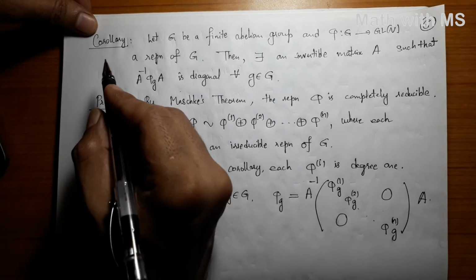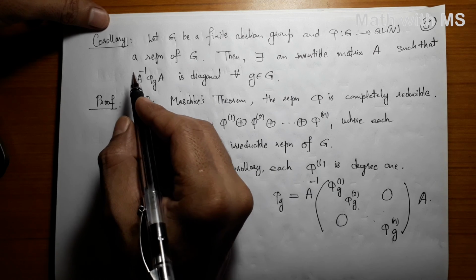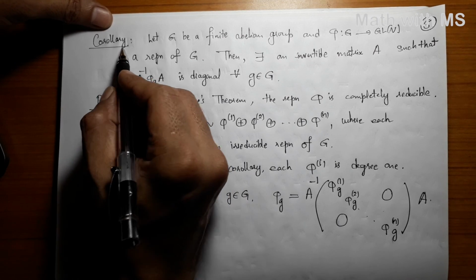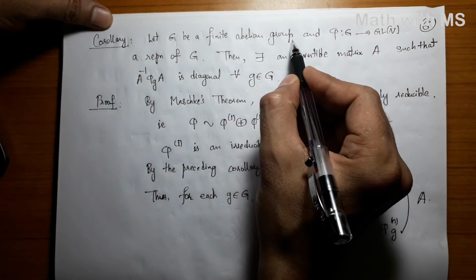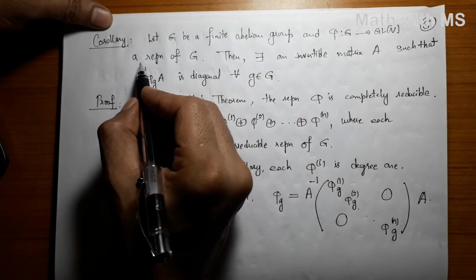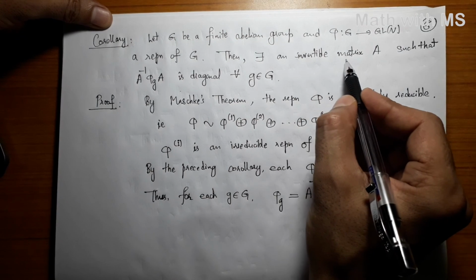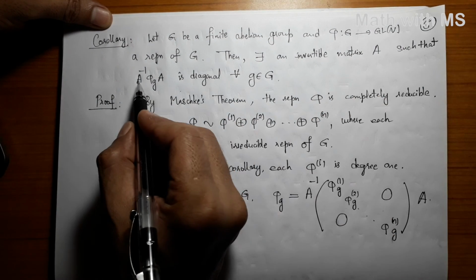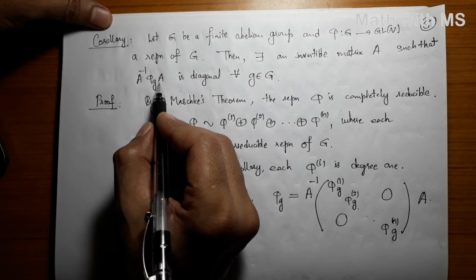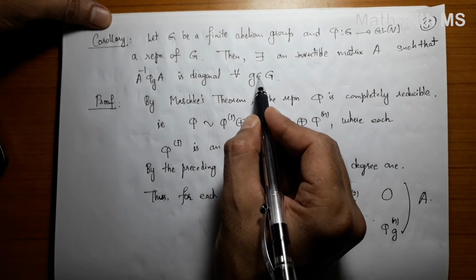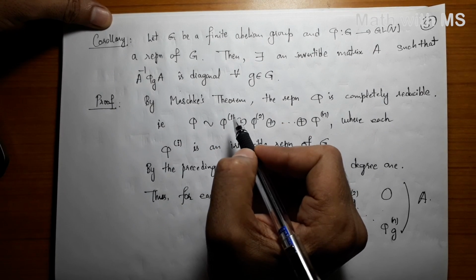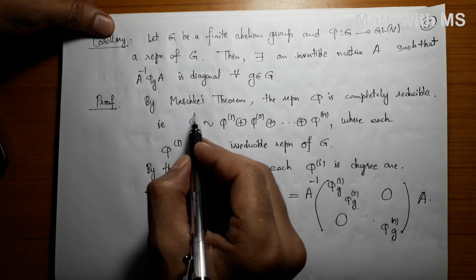Let's write one more interesting consequence of Schur's lemma. So here is the corollary. Let G be a finite abelian group and phi from G to GL(V) a representation of G. Then there exists an invertible matrix A such that A inverse phi sub g A is diagonal for every little g in G. So let's prove it.